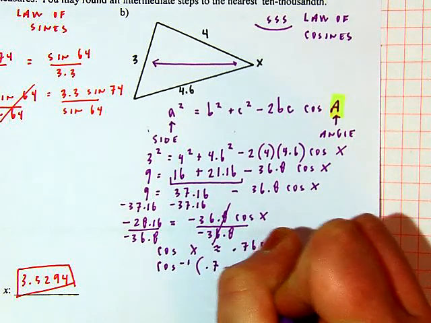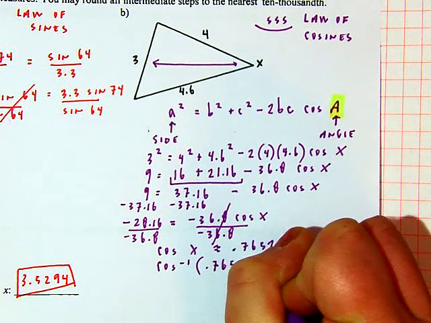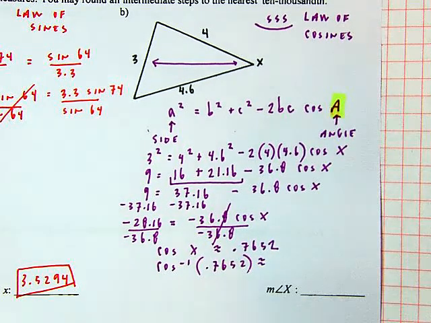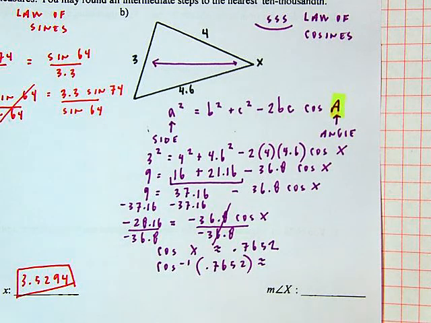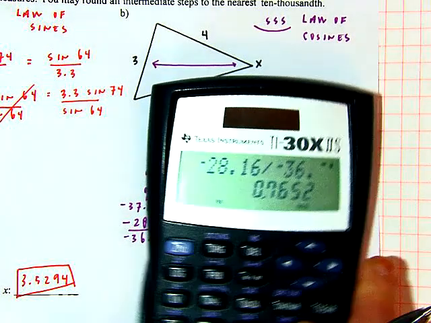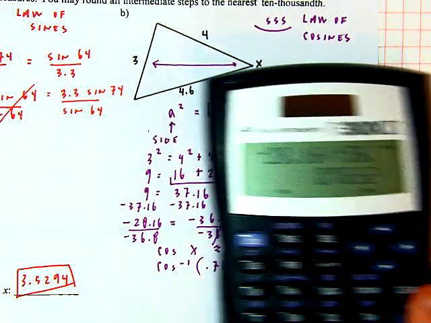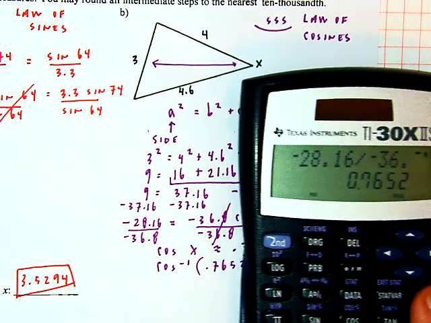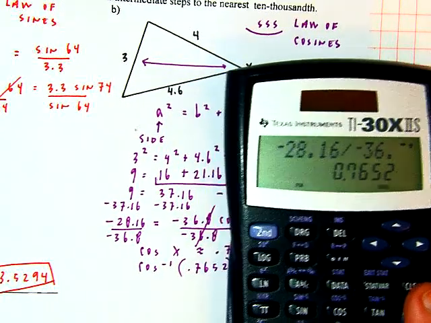So if I want the angle measure, then I'm going to plug in inverse of cosine with the ratio of 0.7652, and that's going to pump out the angle measure to 4 decimal spots. And again, I'm just building off of rounded intermediate steps. Let me slide it over.